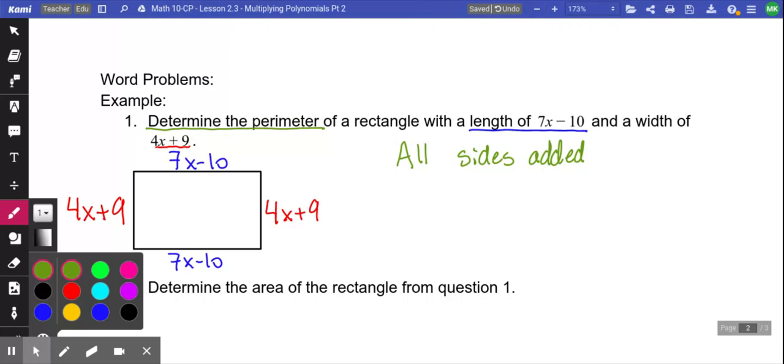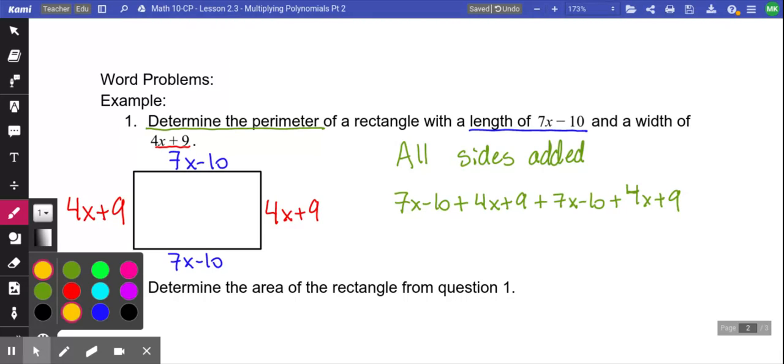So I'm going to do the top, which is 7x minus 10, plus the right side, which is 4x plus 9, plus the bottom, which is 7x minus 10, plus the left side, which is 4x plus 9.